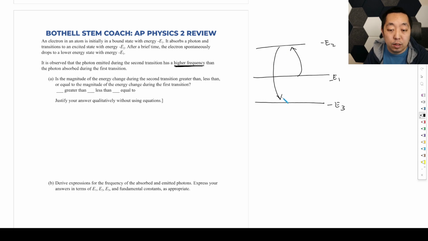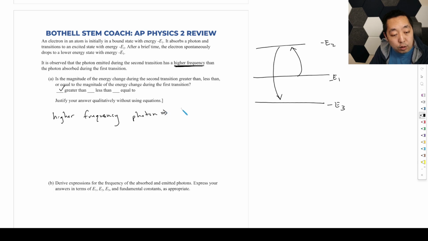Because you emitted a more energetic photon, it's going to have higher frequency. So that's consistent. So it's going to be greater than. We want to do that qualitatively, and we just say it like we did: a higher frequency photon means a larger amount of energy, a larger energy photon.